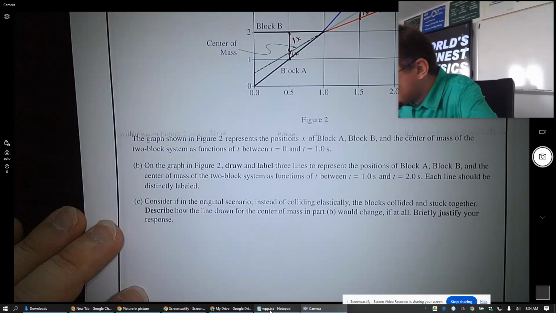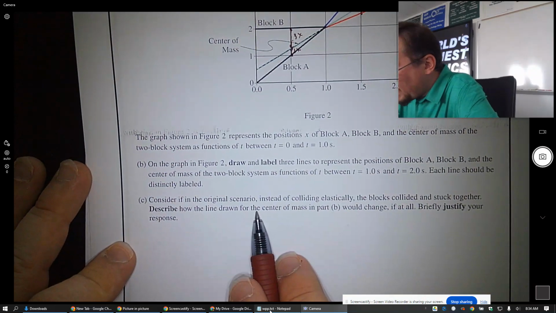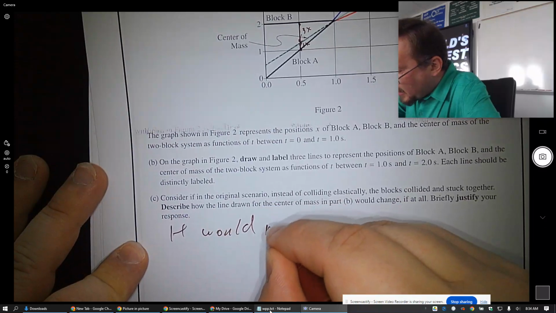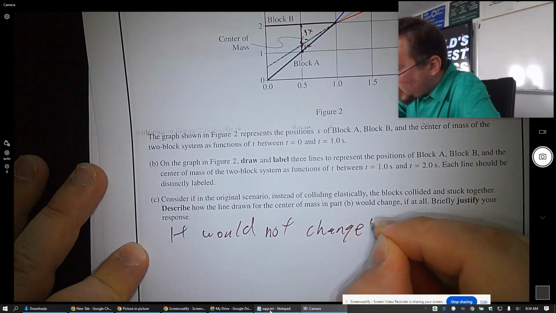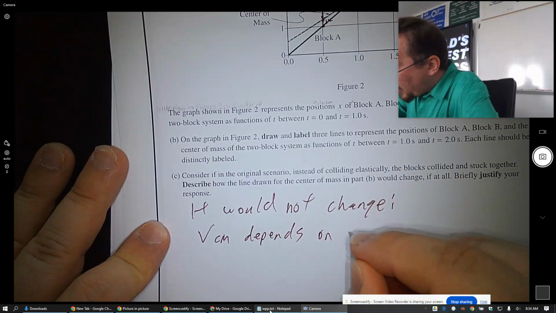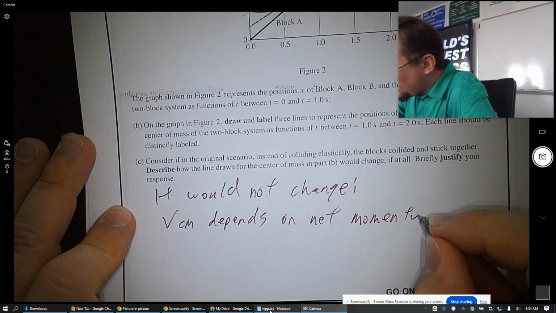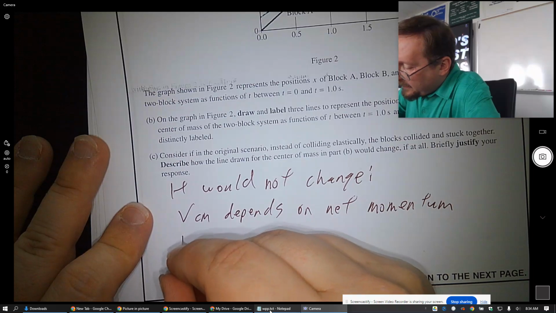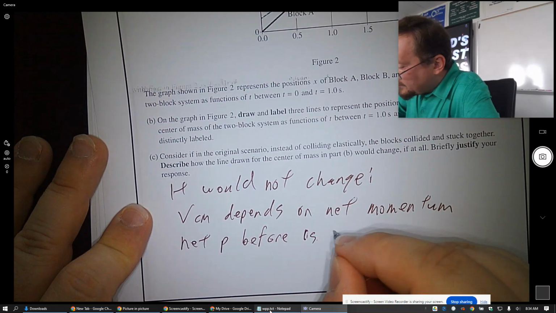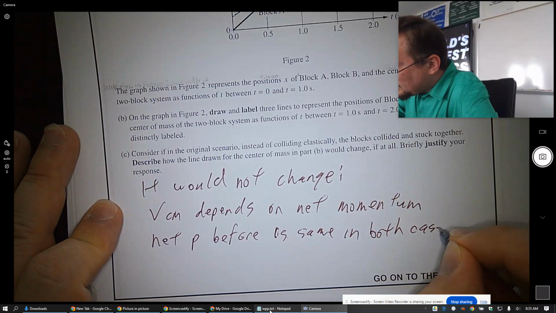Consider if in the original scenario, instead of colliding elastically, the blocks collide and stick together. Describe how the line drawn for the center of mass would change. It would not change, and here's why. The velocity of the center of mass depends on net momentum, right? And the net momentum before is the same in both cases.